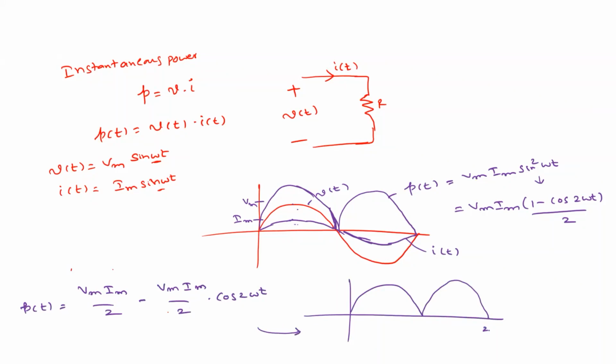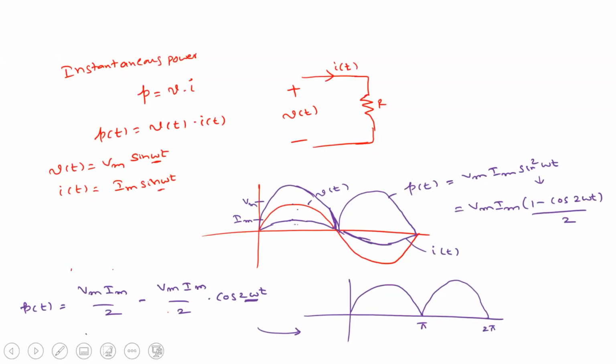This is 2 pi, and this is pi, so we have twice the frequency. If you have 50 hertz, this will be 100 hertz. We also have one constant value, an average value. This power has some average value, somewhere like this, and this value is Vm Im by 2.